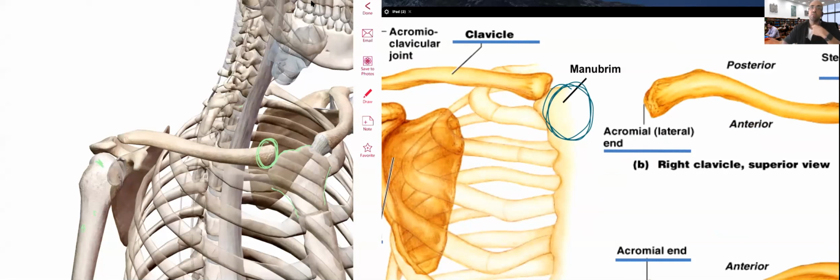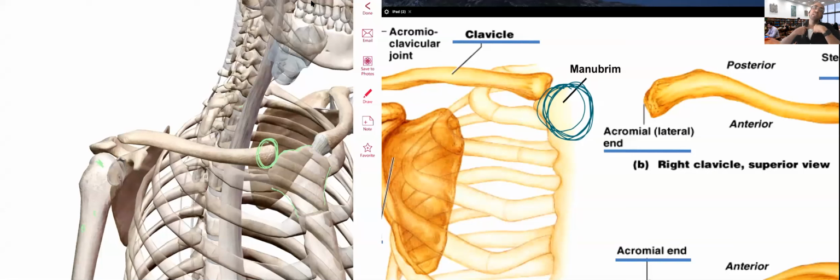The clavicle is articulating with the central bone of your chest. I'm sorry, this is going to be the sternum. The clavicle is articulating with what part of the sternum? It's the manubrium sterni, or the manubrium of the sternum.